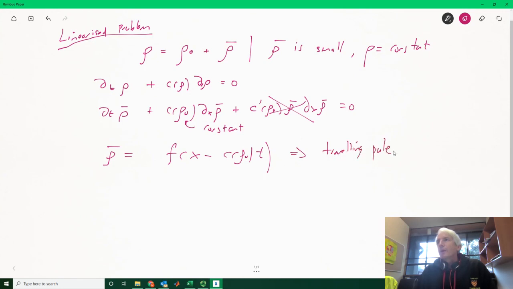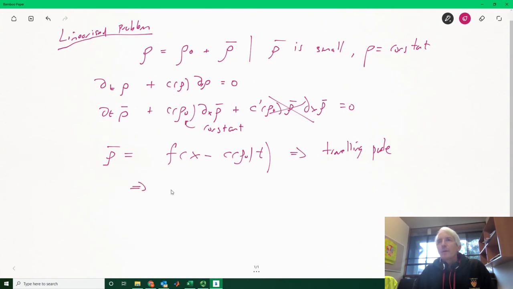So linear disturbances, those small disturbances in the traffic, if the traffic's moving uniformly and there are tiny disturbances, they'll move with this speed given by this function here. And so it's either going to move forward or backwards depending on the density.